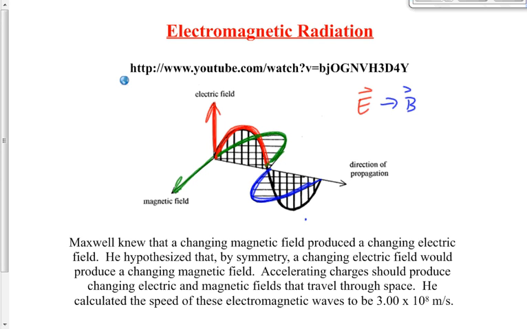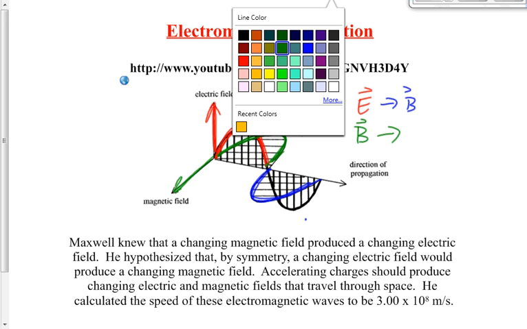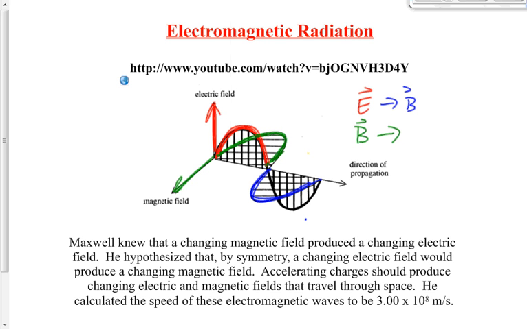Similarly, this green magnetic field that we have, if it isn't changing, then it's not going to make, what color should we pick here, let's go yellow, this changing electric field. So that's the deal. In order to get the red electric field to make the blue magnetic field, the electric field had to be changing.